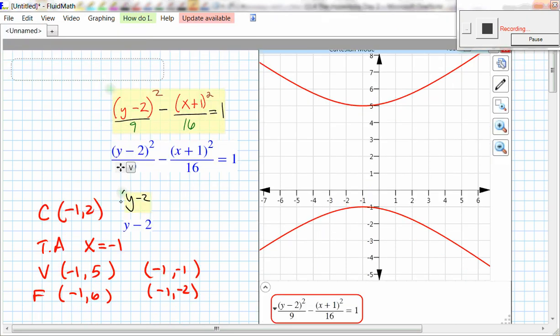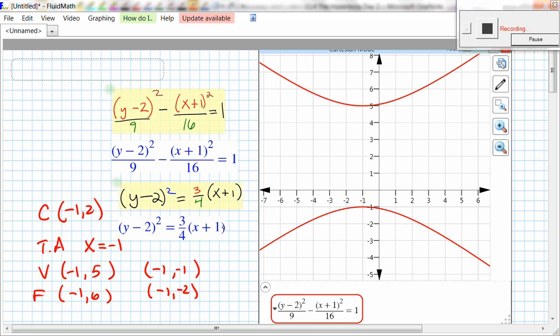Y minus 2 quantity squared. Is that right? Yikes, that's not right. Y minus 2 equals 3/4 times x plus 1.